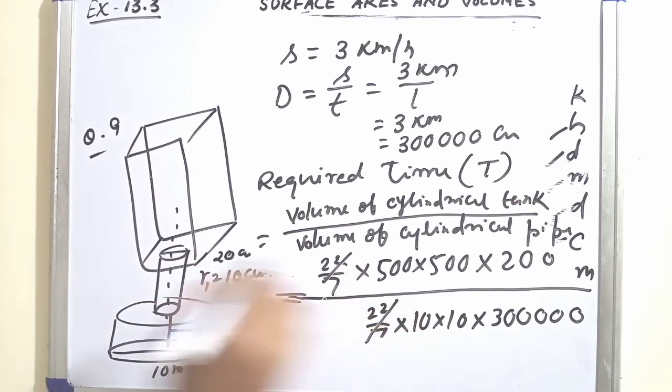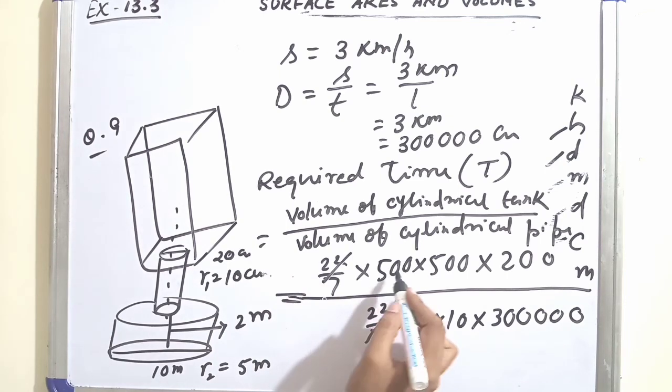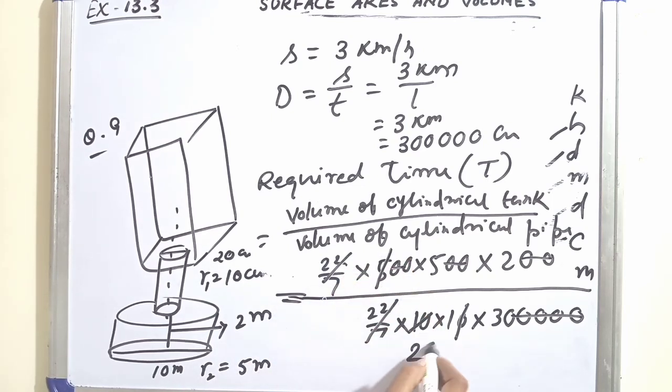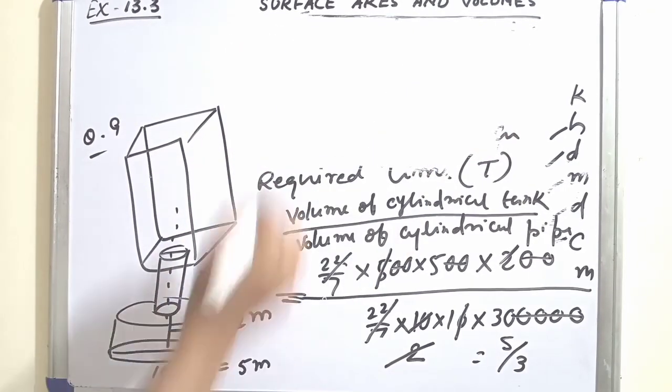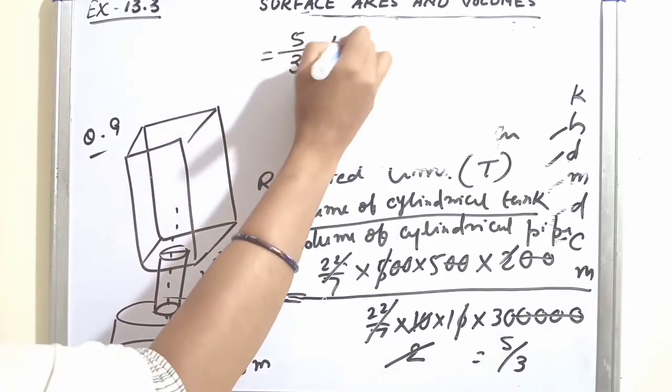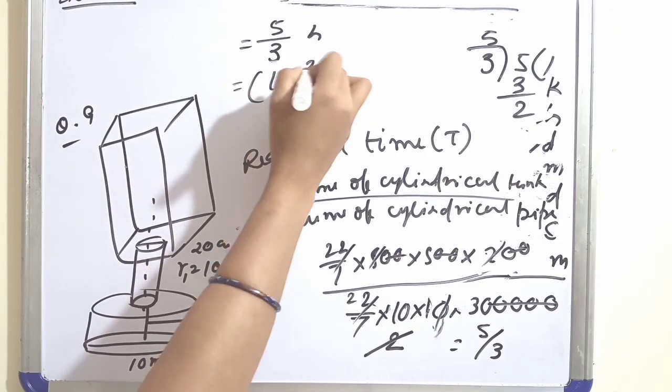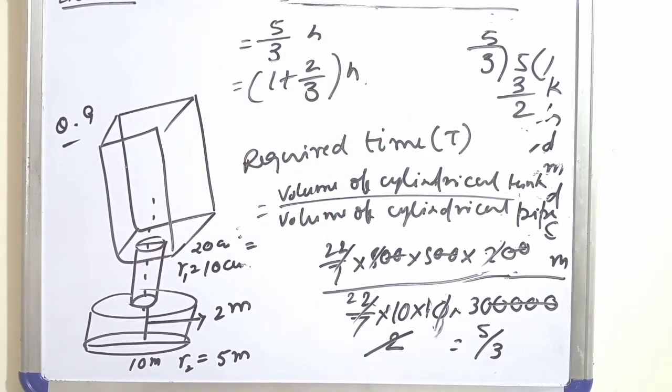Now 22 by 7 cancel out. 20, 40, 60, 2, 4, 5, 0 and 1, 6, 0. Cancel out. 5 2s are 10, 2, 2 cancel out. That means 5 upon 3 hours. 5 by 3 hour, that means 1 plus 2 by 3 hour.